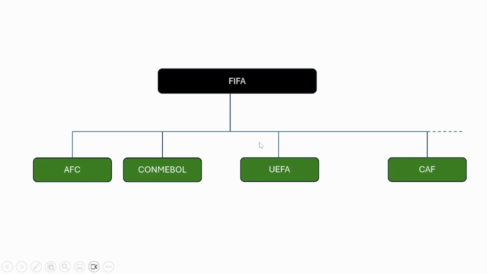So, for instance, if you are the president of, let's say, UEFA, the Confederation of Football in Europe, you are concerned with only figures or information pertaining to your confederation. You're not concerned with what happens with AFC.